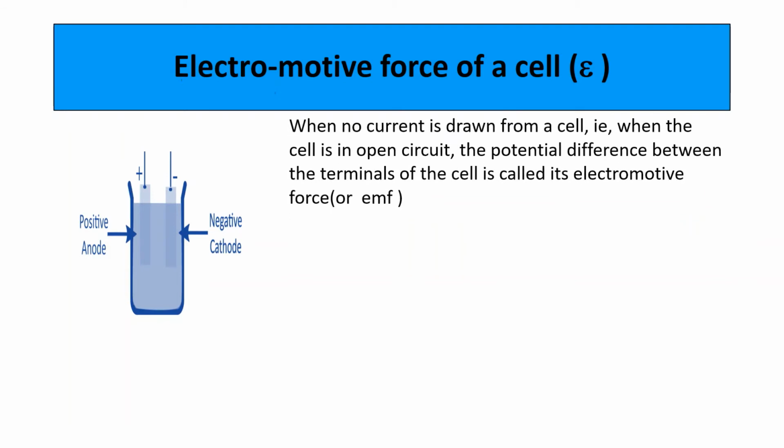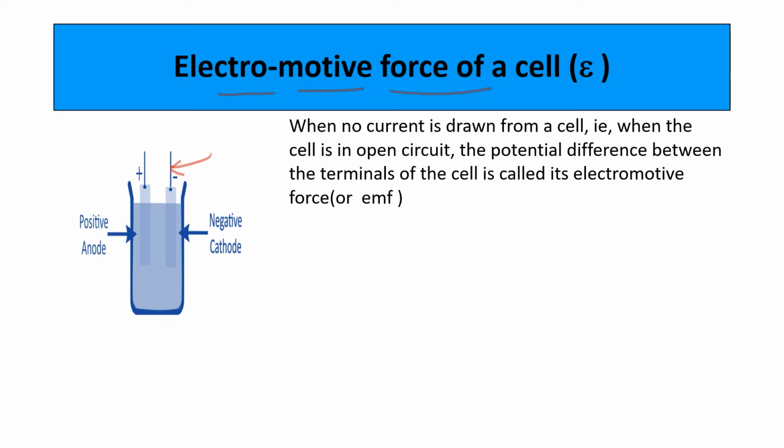EMF is the potential difference when no current is drawn from the cell. That means when the cell is in an open circuit, you will use the term EMF. The potential difference between these two electrodes is called electromotive force.